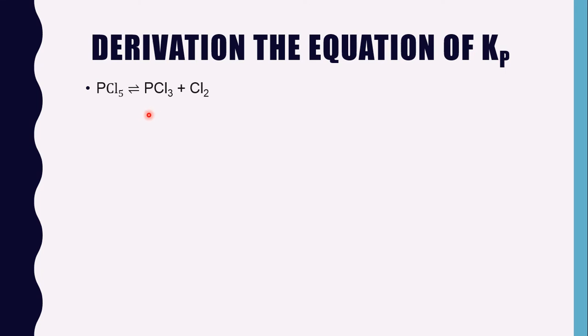Now to find out partial pressure of any molecule, we have to find out its mole number and total mole number of reactants and products. Now in equilibrium, we have to find out the mole number of reactants and products. To find out the mole number of reactants and products at equilibrium, we have to find out the mole number of reactants and products at first.